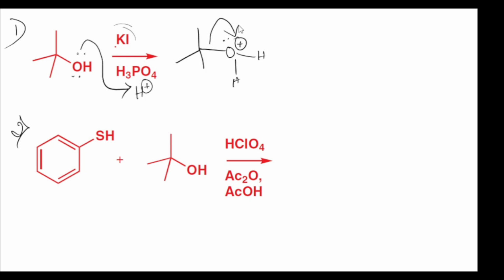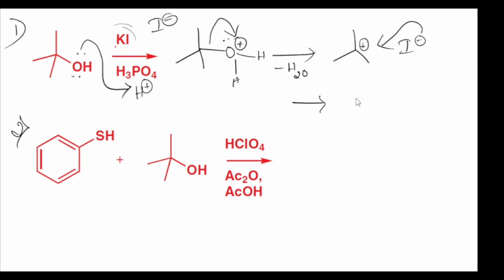Now water will leave as a leaving group, minus H2O, and we will get a carbocation like this, and KI is there, which is the source of iodide ion. Iodide will attack this carbocation to give tertiary butyl iodide as the product.